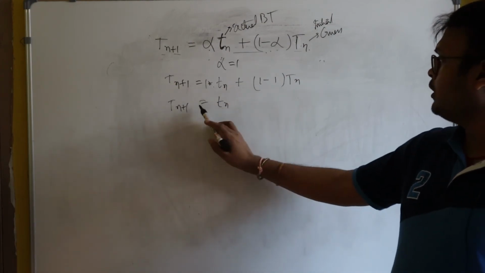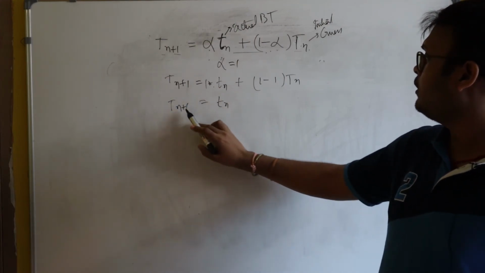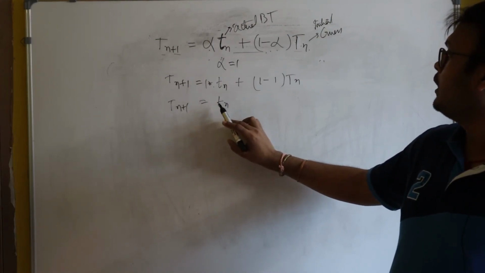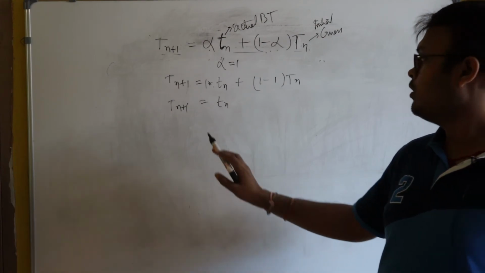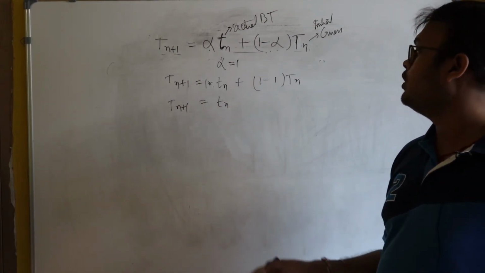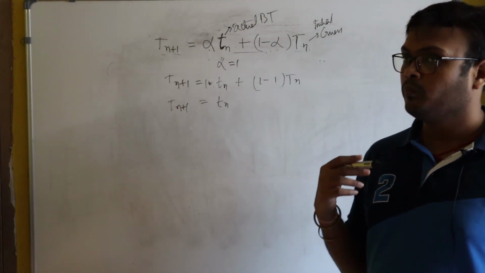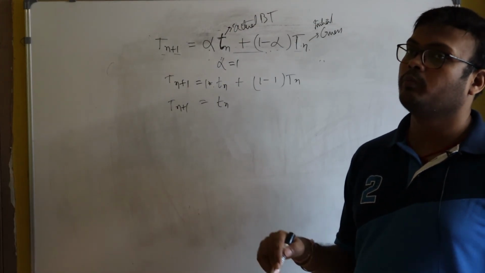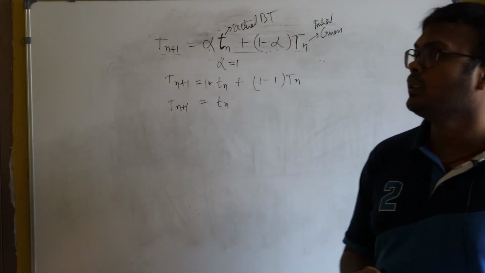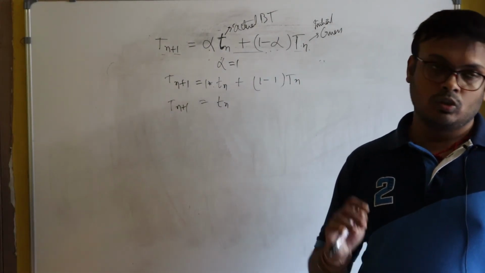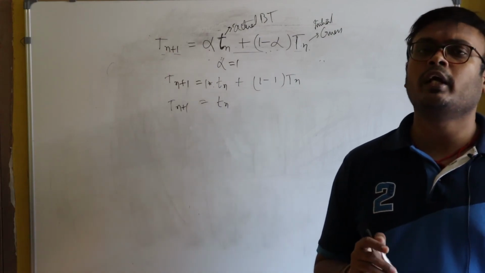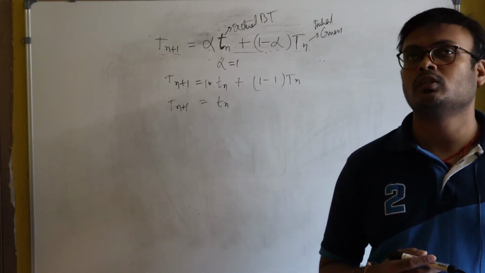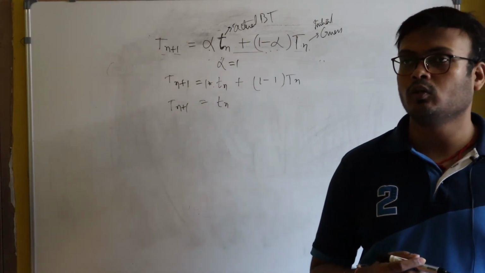So from here you can understand that Tn plus 1, the burst time prediction of the next process, is equal to Tn, the actual burst time of the previous process. From here we can guess the burst time. Although we have some techniques to predict the burst time, still we can say that shortest remaining time first is not actually implementable. It's a hypothetical concept.